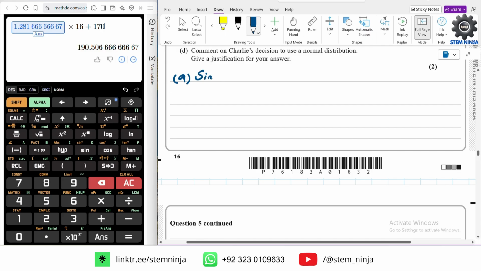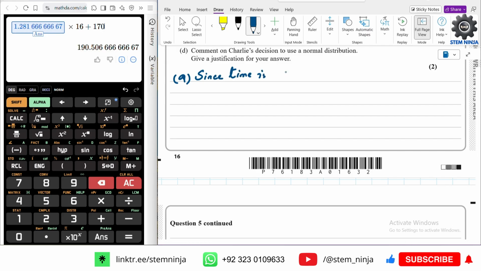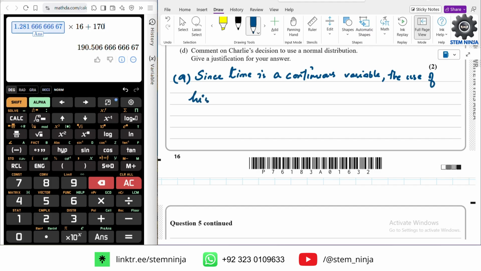Since time is a continuous variable, the use of a histogram is justified.